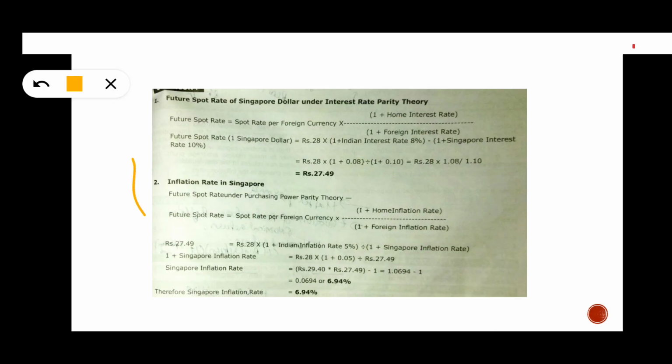So we know (1 plus ID) divided by (1 plus IF) equal to F by S. Here ID means the inflation rate, 5%. So 1 plus 5% divided by 1 plus IF equal to F by S. F is 27.49 from the first step, and S is 28.